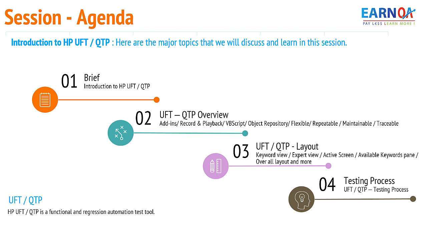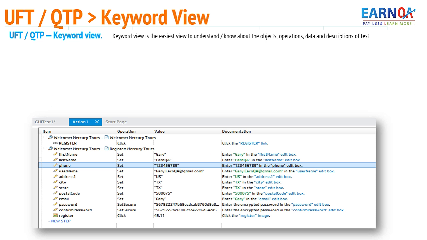Let's get started. The first thing that we must know in the QTP is the keyword view. So what is this keyword view? If you look at this slide, keyword view is the simplest, easiest way to understand the minimal things. It explains four things. What is the object's representation?